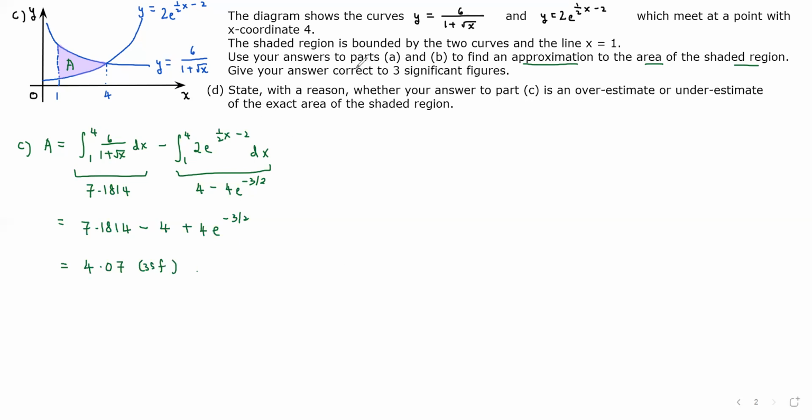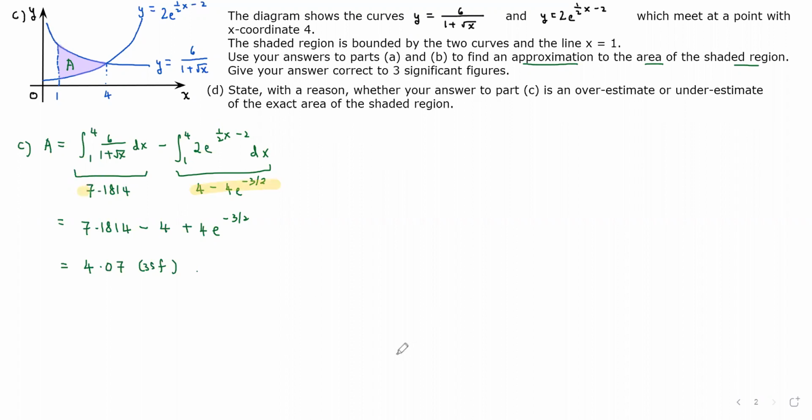Part D, state with a reason whether your answer in part C is an overestimate or an underestimate of the exact area of the shaded region. So this part here is exact. This is approximate.